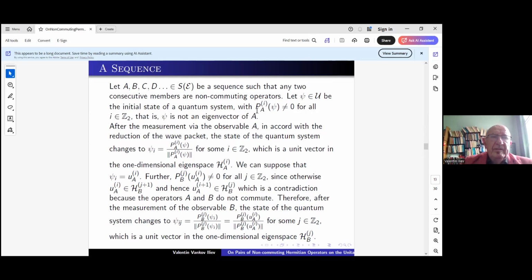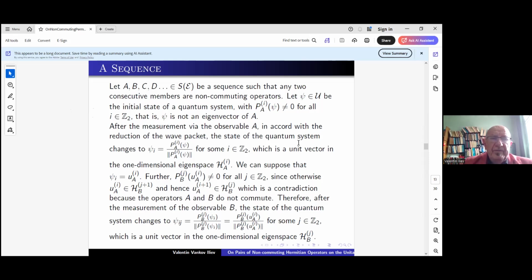And let psi be the initial state of the quantum system with P_Ai of psi different from zero for i in Z2. This means that psi is not an eigenvector of A.